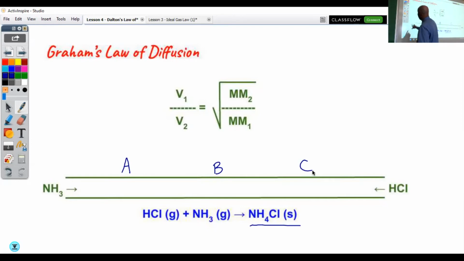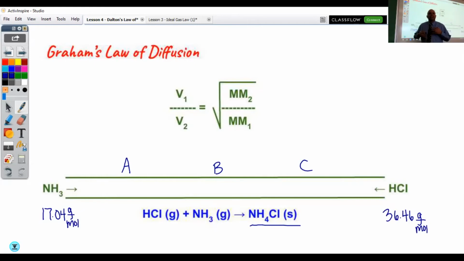So ammonia, which has a molar mass of 17.04 grams per mole, is going to be faster than our second gas, hydrochloric acid, which has a molar mass of 36.46 grams per mole. By now, you know that those numbers are obtained by looking up their molar masses on the periodic table.